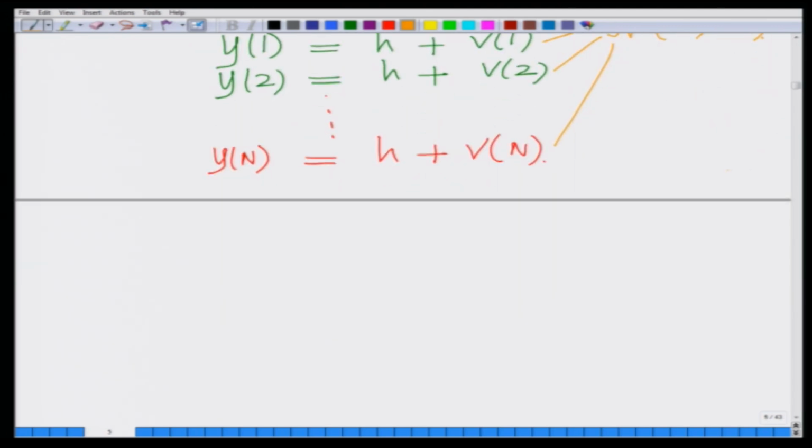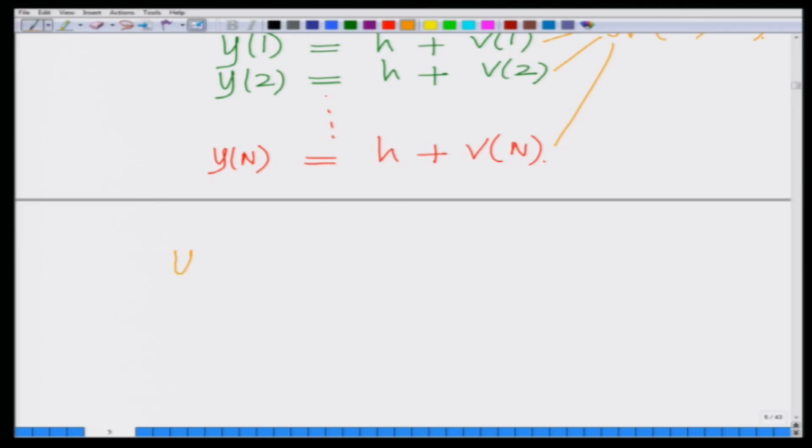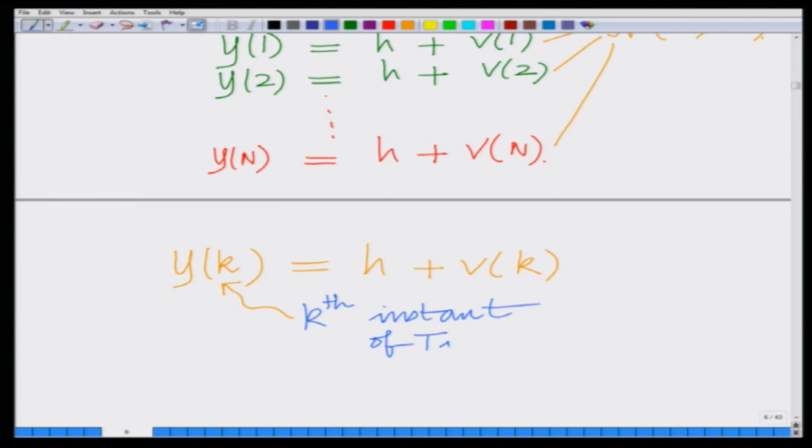So, each measurement yk at the kth instant of time is h plus vk, where k can range from 1 to n, we have n instants of time. In general, I can represent this as the kth measurement yk equals h plus vk, where k denotes the kth instant of time.